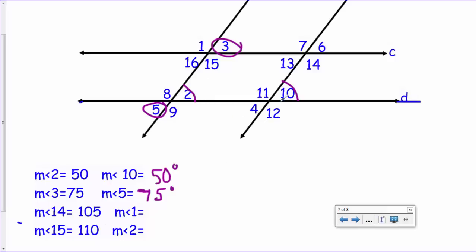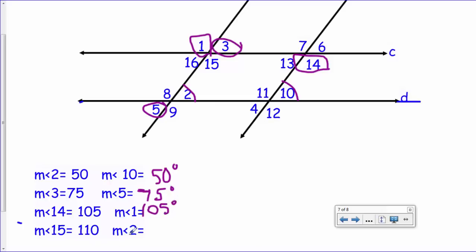Fourteen and 1. Again, we'll identify here's 14, here is 1. Our transversal line this time is C, that both of these lie along. That means that these two angles are also alternate exterior angles, which means they're congruent. This would be 105 degrees.